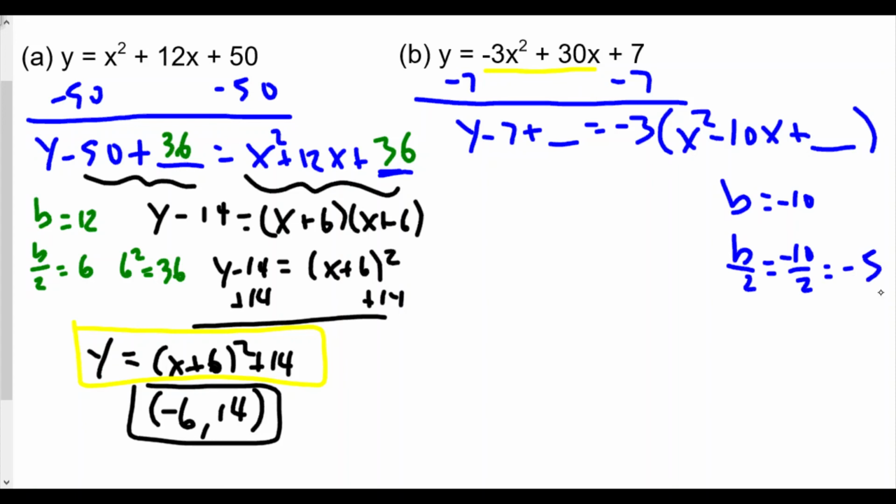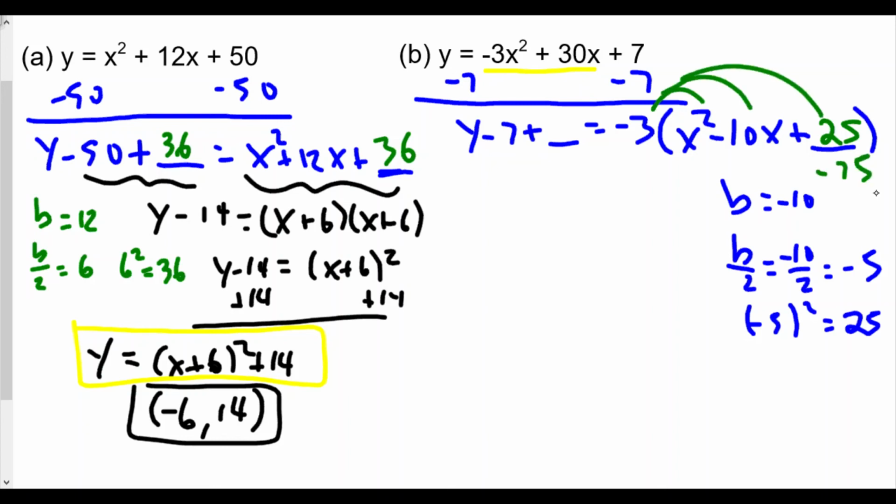If I take -5 and square it, I get 25. So the number that goes in here is 25. However, on the left side, it's 25 times -3. Why? Because if we distribute the -3 with everything, it would really be -75. So I have to put a -75 to balance things out in the equation.